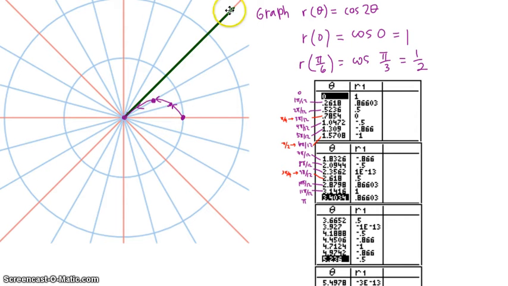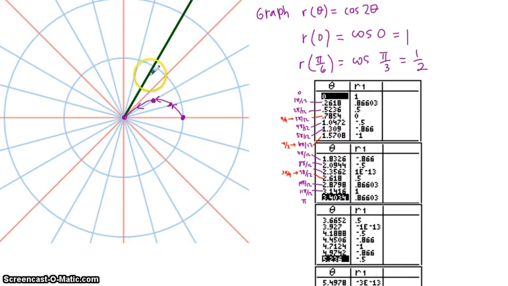Let's take a look at the next one. At 4 pi over 12, it looks like I'm here at negative 0.5. Now what does it mean to have a negative radius, a radius of negative 0.5? Well, you see this line right here? This is my 4 pi over 12 line, or my pi over 3 line.